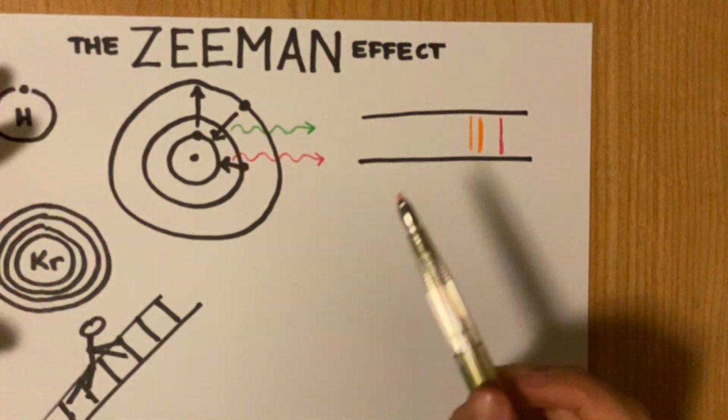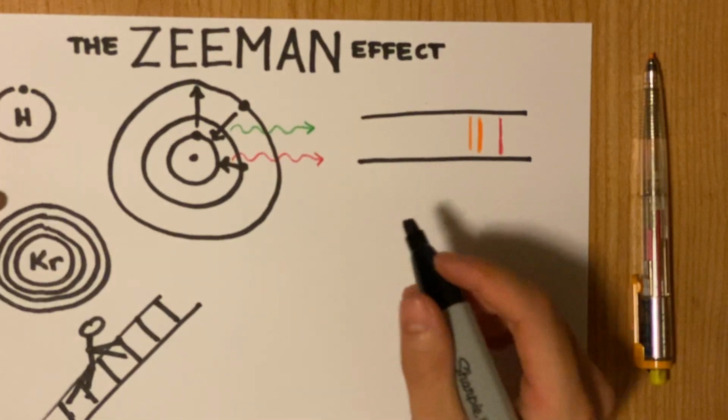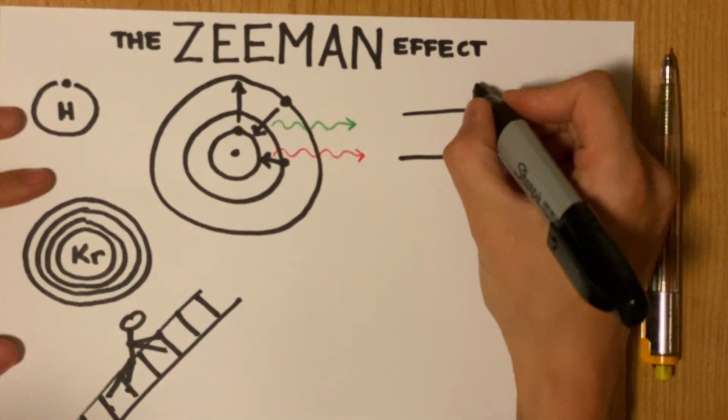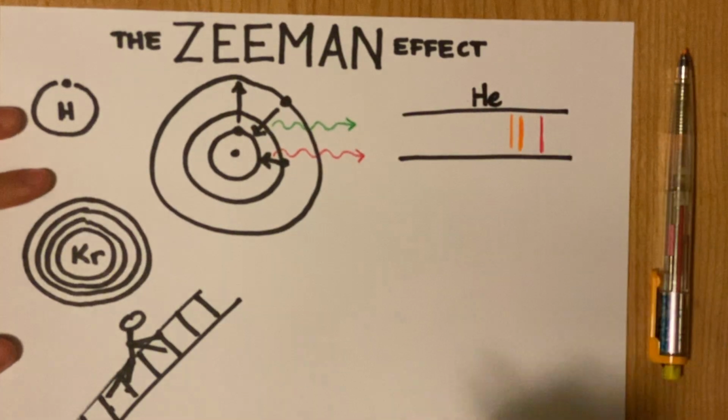Let's see if I can try to draw that with my pencil. And so every element actually has a specific set of spectral lines. So I don't know what this one is, but let's just pretend, let's say this is the specific spectral line for helium.